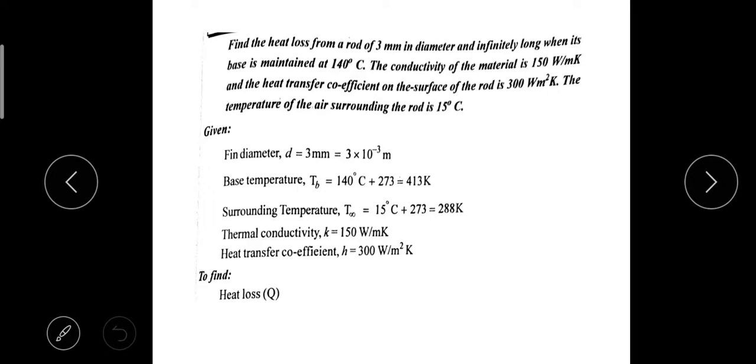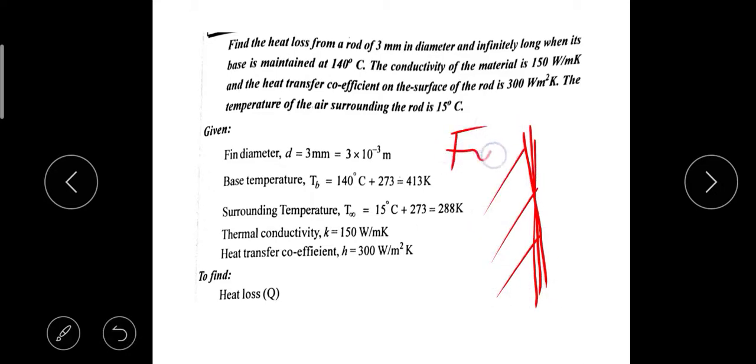When the base is maintained at 140 degrees Celsius. Now you have to consider the outer furnace wall, and it is a rod. The rod diameter is given as 3 mm. Then the base temperature, denoted Tb, is 140 degrees Celsius.